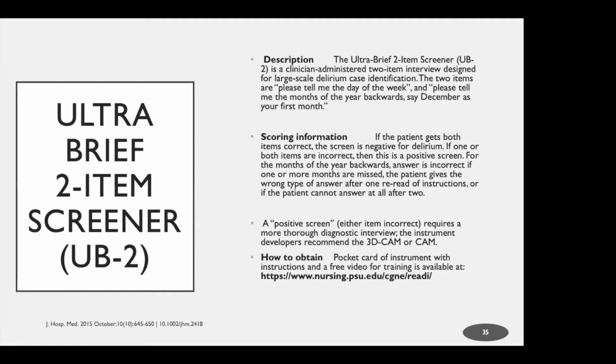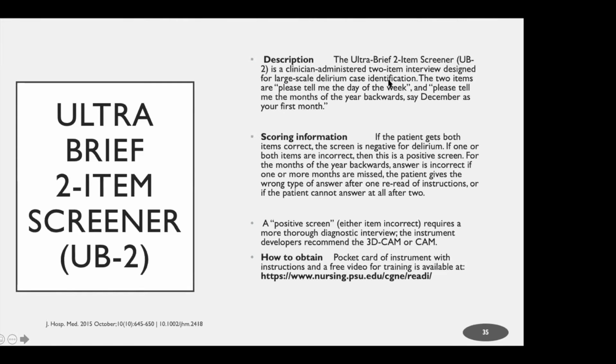Or the patient gives the wrong type of answer for the day of the week you ask them. And you only do 1 reread of instructions. A positive screen requires a more thorough diagnostic interview.